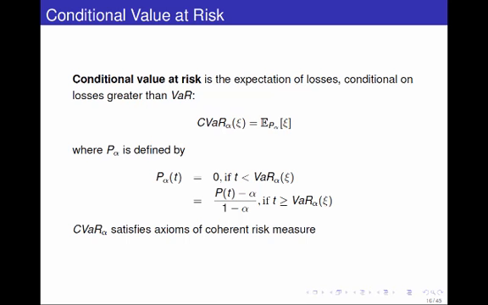Yes? I don't understand why you need this shift. Because, I mean, it's already at the right position. So what would happen here if I didn't have the minus alpha? For t equals VaR alpha of psi, and remember this is the CDF we're looking at.